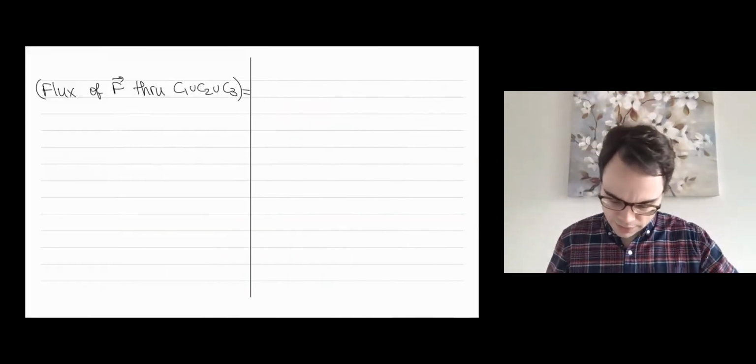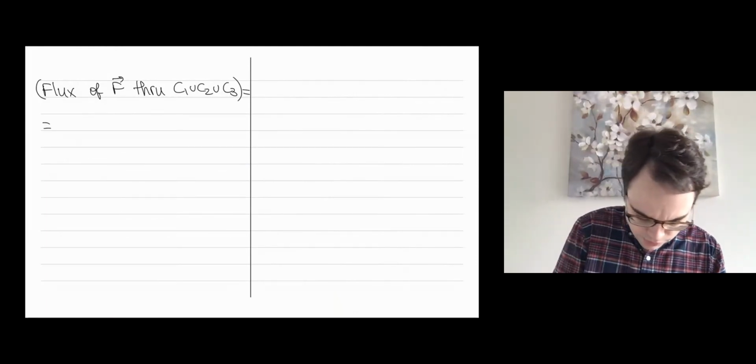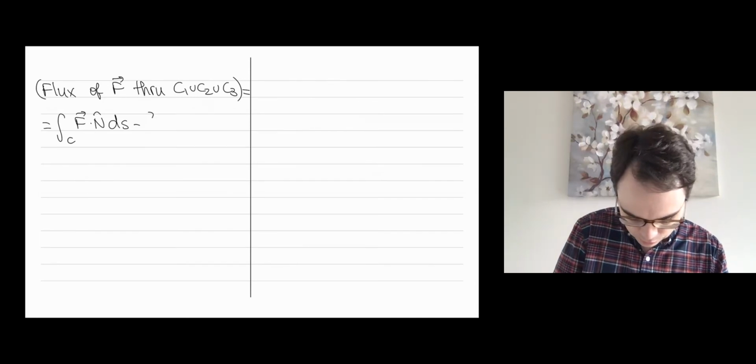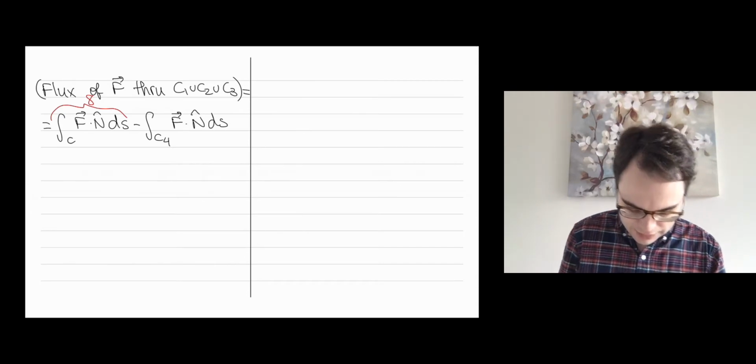So let's do that. So this is the same as the integral over C: the flux through all 4 sides minus the integral through C4, the last side. And the point is, we've already computed the first one, that's 8.